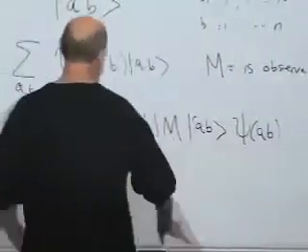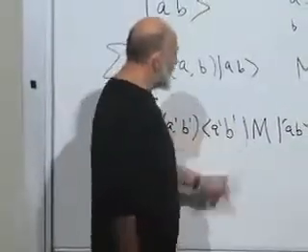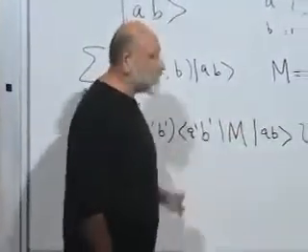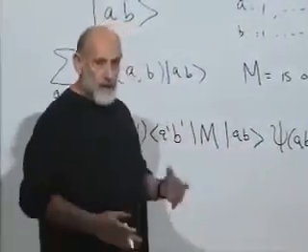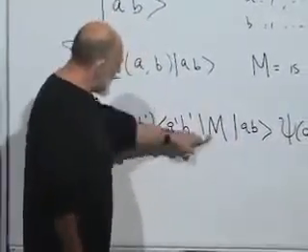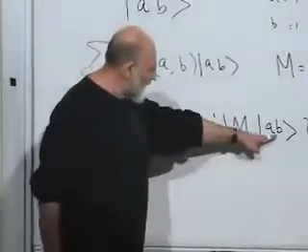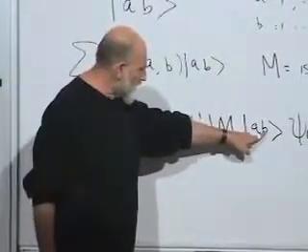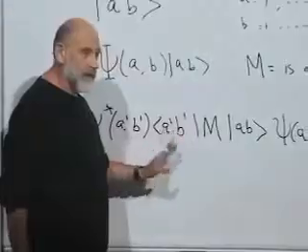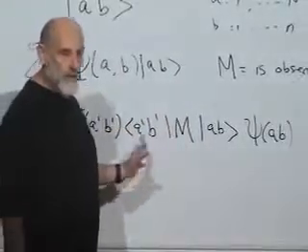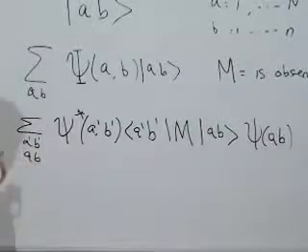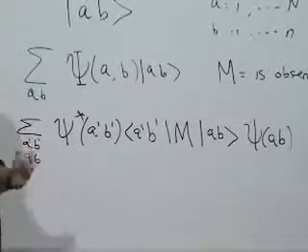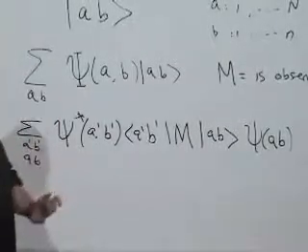But now, the idea that M is an operator that acts on the A subsystem and which is passive for the B subsystem is simply the statement that the matrix is diagonal in the B's, that B on this side and B prime have to be the same, otherwise the matrix vanishes. In that case, this sum over B and B prime becomes a sum only over one of them.